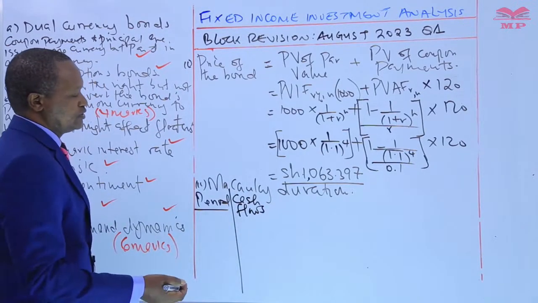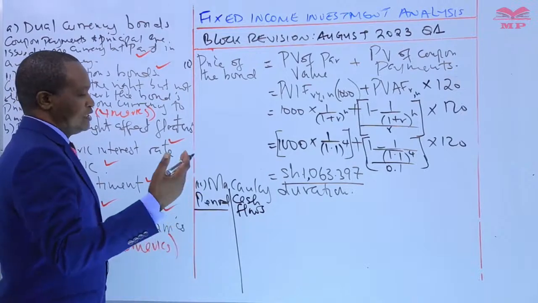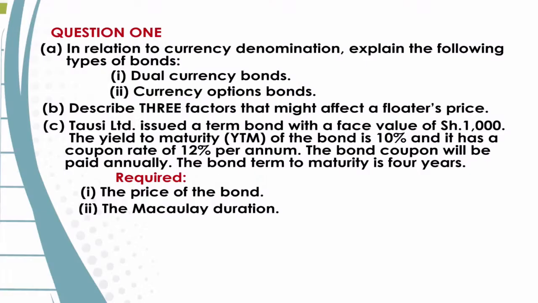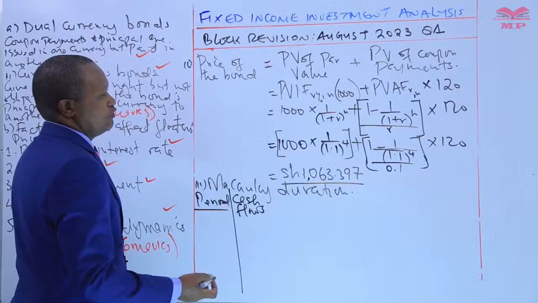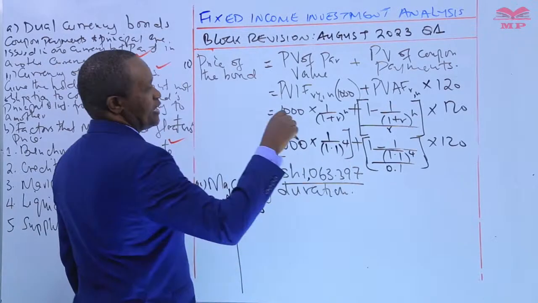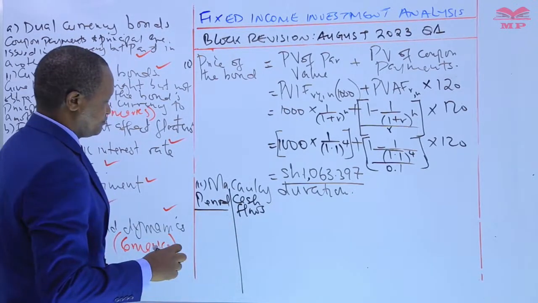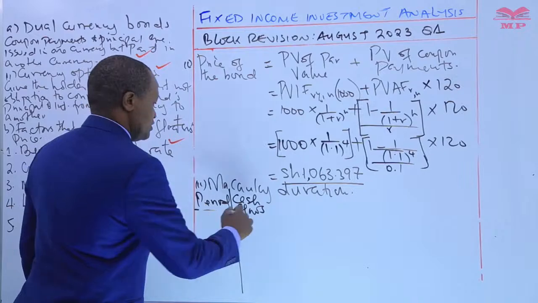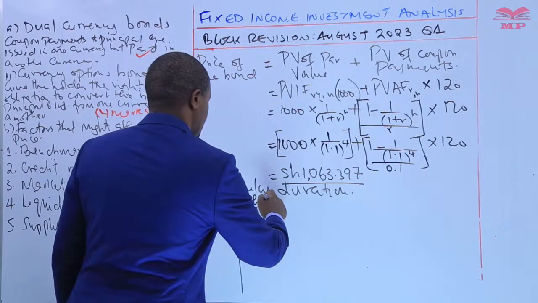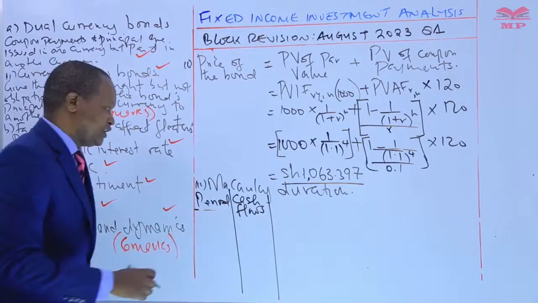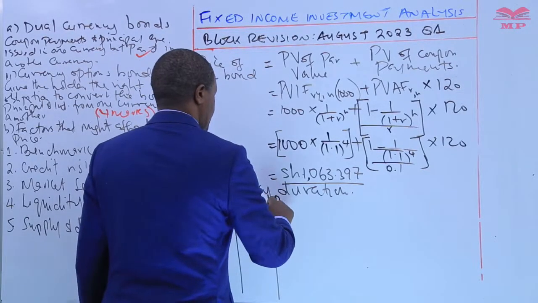We know the cash flows include the principal of 1,000, which is the par value of the bond, and the coupon payments of 120 shillings per annum. We'll have another column for the present values, PV.